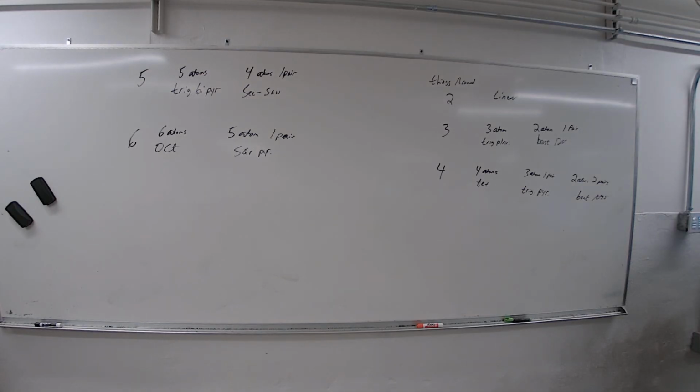That one's trigonal pyramid. How many things around it? Six. So what is it? It's octahedral. Does it matter that there's a bunch of lone pairs on it? No, because we're only talking about the atoms.